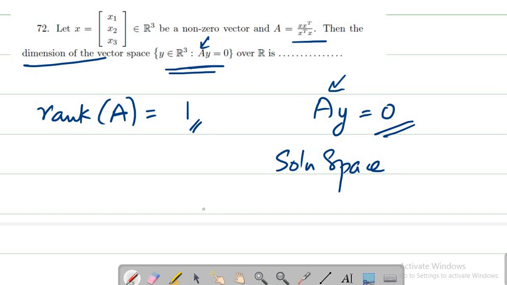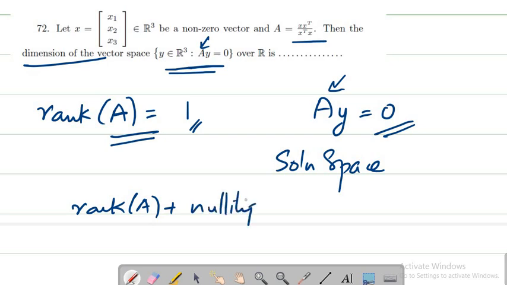So we are asked to find simply the nullity here, and we already know that the rank of A is 1. So we have this identity: rank of A plus nullity of A is equal to the number of columns in A, right? These things we have discussed previously.